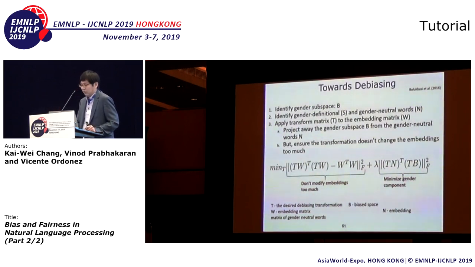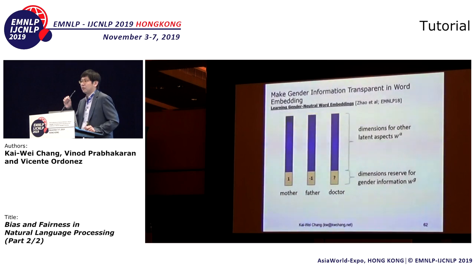And so we tried another way to do this. Instead of asking the model to take out the gender information, we ask the model to put the gender information in a certain dimension. And it turns out that is easier to do than asking the model not to encode the gender information. Specifically, we can keep a certain dimension for gender.